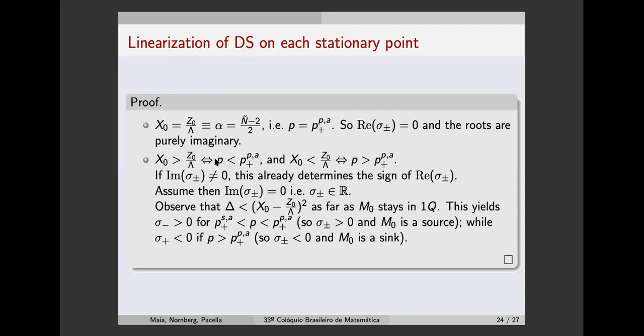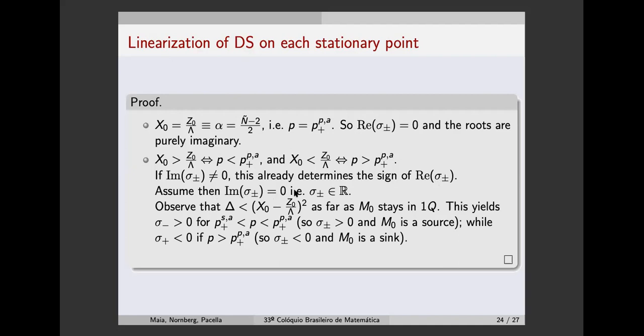In the other cases, for p less than p_pa, we have this comparison, and for p bigger than p_pa, we have this order. And if the imaginary part of sigma plus minus is different from 0, this already determines the sign of the two roots of the characteristic polynomial.